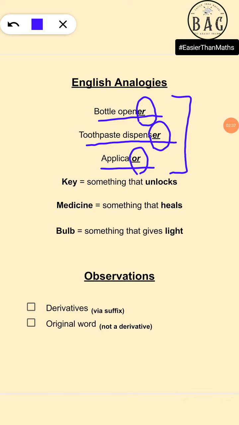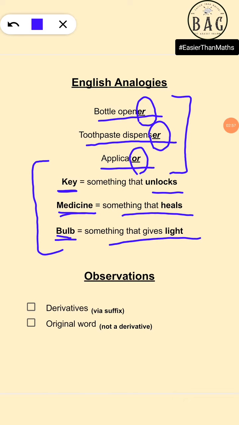Okay, now what about the next three examples? Here you can see there is no suffix. These are the original words. Alright, so they're not the derivatives by any means, they are simply the original words. So key is something that unlocks, medicine is something that heals, bulb is something that gives us light.